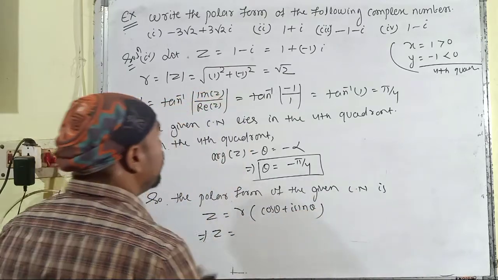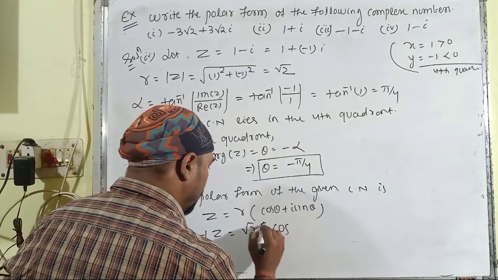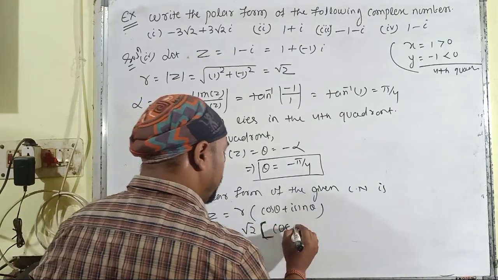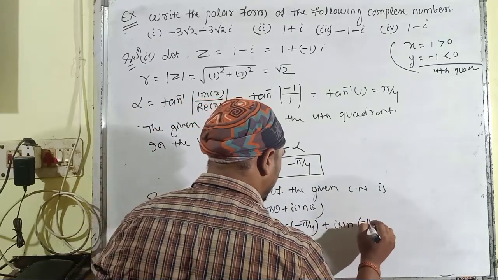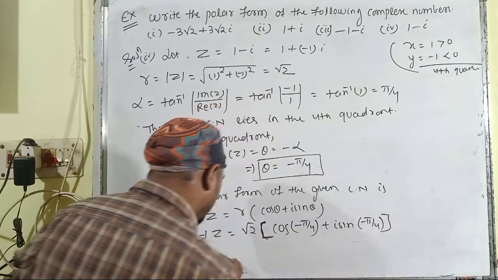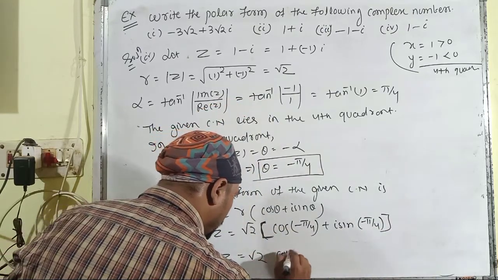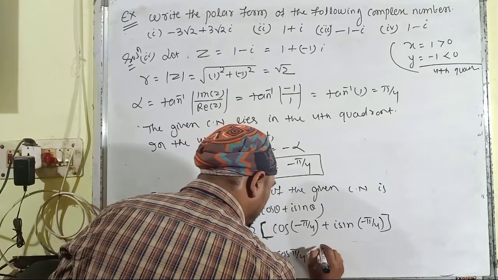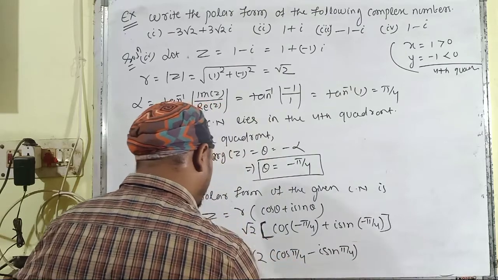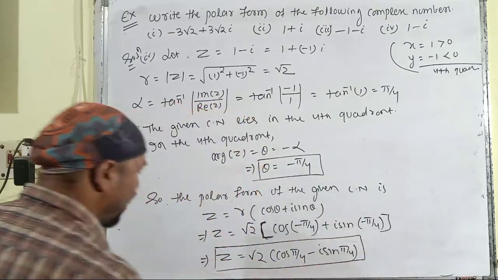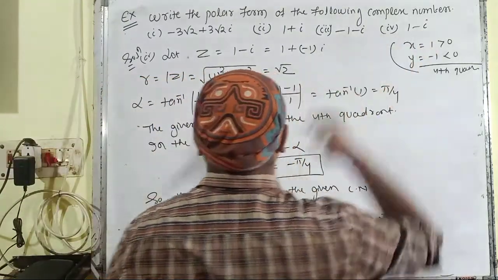Then z is equal to, in place of r we write root 2 here, then cos minus pi by 4 plus i sin minus pi by 4, then this is equal to root 2 times cos pi by 4 minus i sin pi by 4. And here it is the required polar form of the complex number, which is given by 1 minus i.